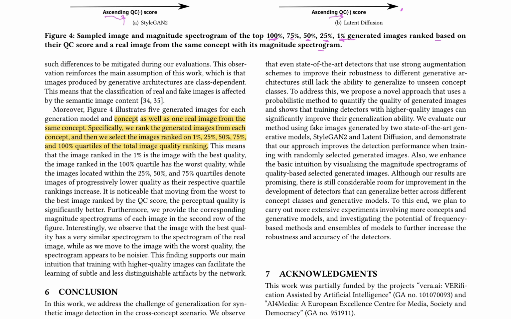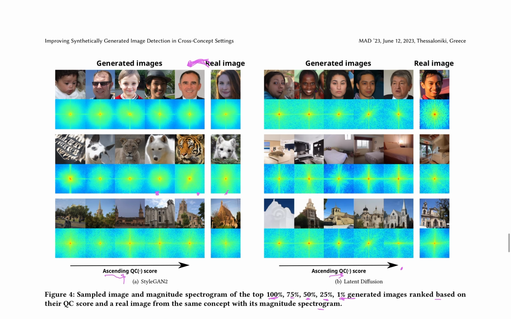This means that the image ranked in the 1% is the image with the best quality, and the image ranked in 100% has the worst quality, while the images located within 25 to 75% denote the images of progressively lower quality as their respective quartile rankings increase. Okay.